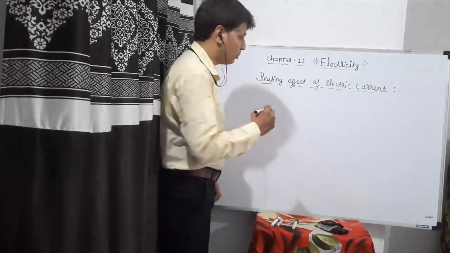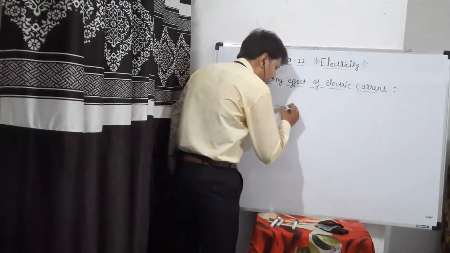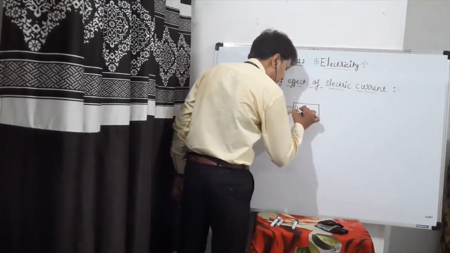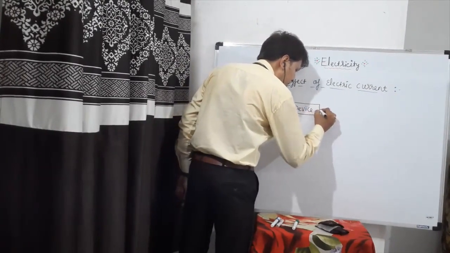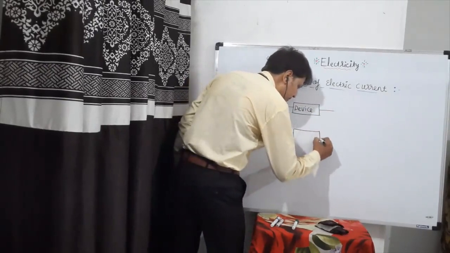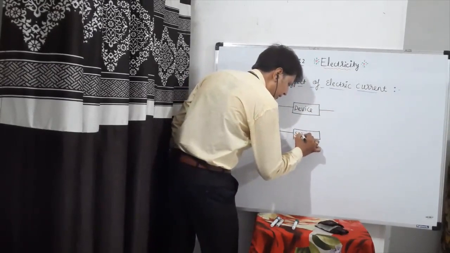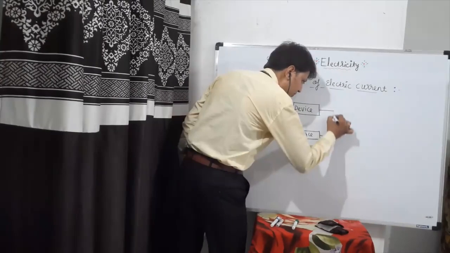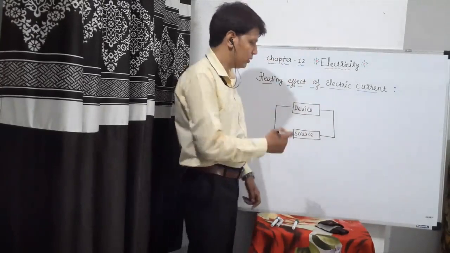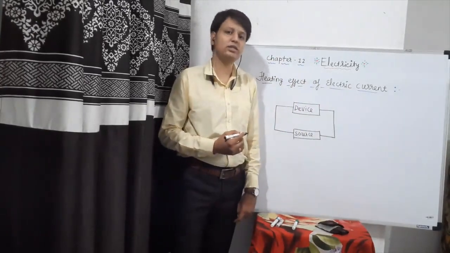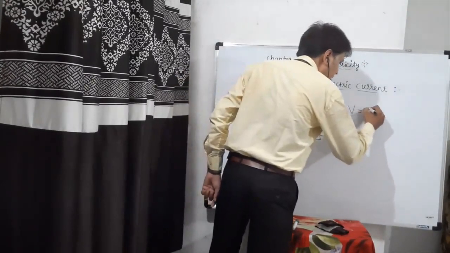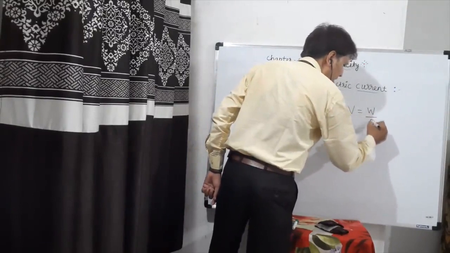I am drawing one common circuit here in which this is a device. Let us say this is a device which is connected with a source. Let us say this source is a battery or something which is providing potential difference to this device. The equation for potential difference is work done per unit charge.